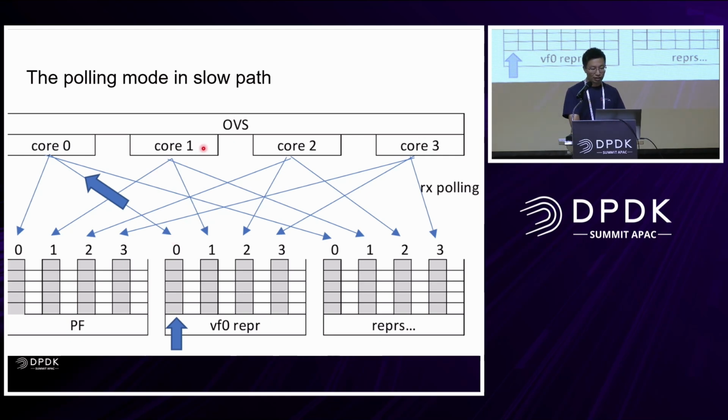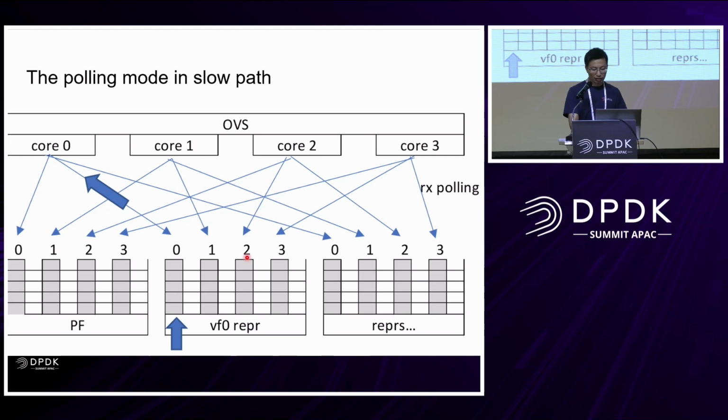Same for core 1, core 2, core 3, etc. Think about that. If we have a lot of representors, it will be a disaster, and the CPU will be busy polling the missed traffic. Preparing the queues for these representor ports will also consume a lot of huge page memory.